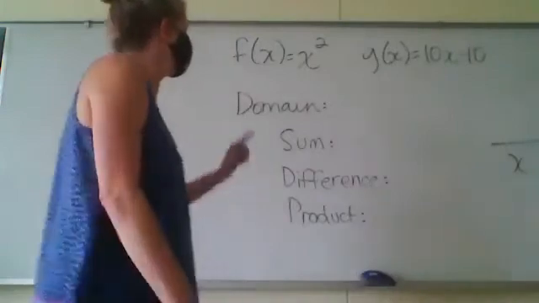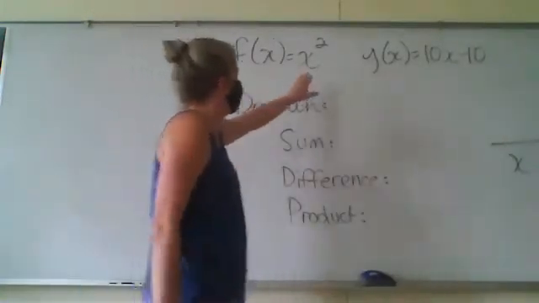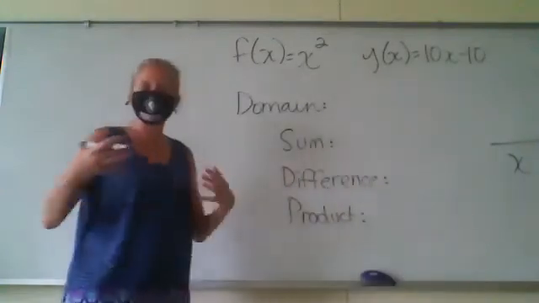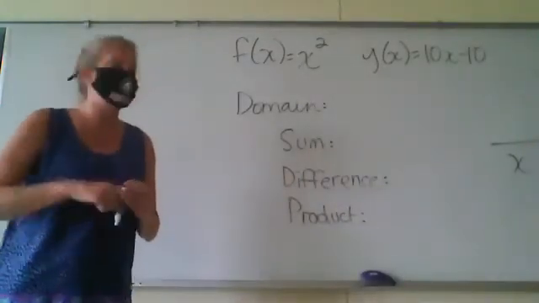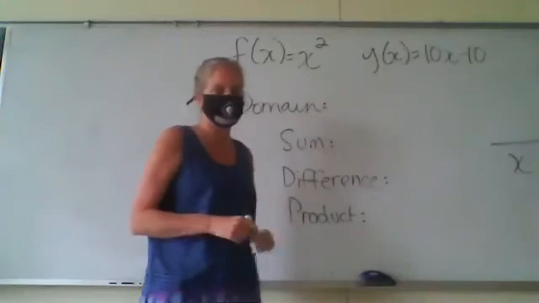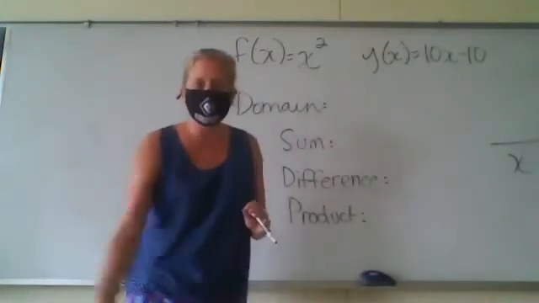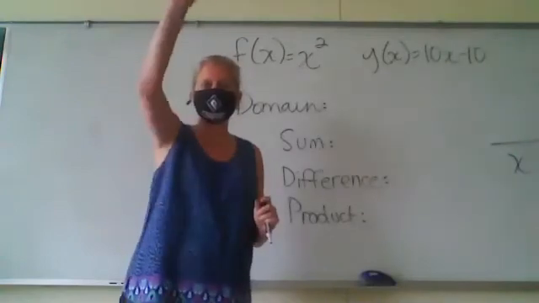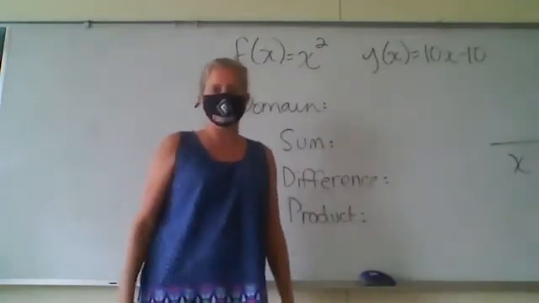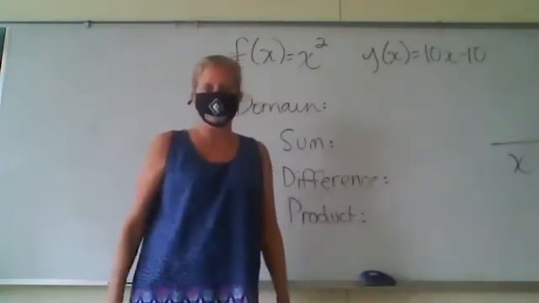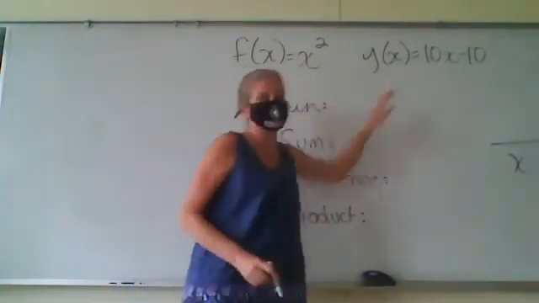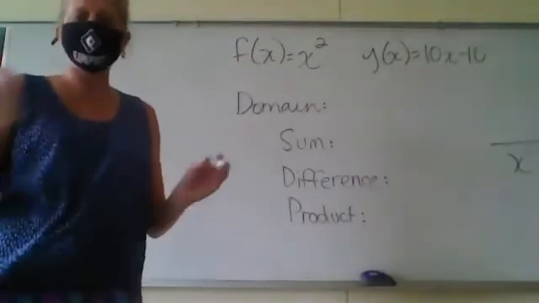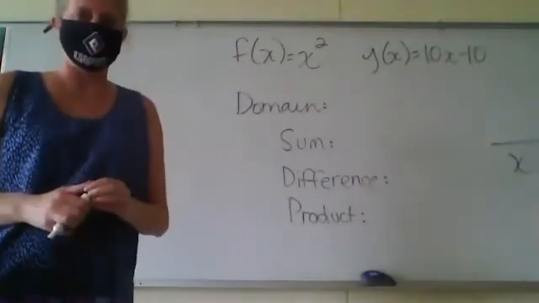But look at these two functions, x squared and 10x minus 10. I'm not even going to take the time to add those together because I know if I add those together, am I going to get a denominator? I'm not going to get a denominator unless I put one of them over the other one and put something in the bottom. If you add these 2 functions together, you're not going to get an x in your denominator because you're not going to have the bottom part of a fraction.